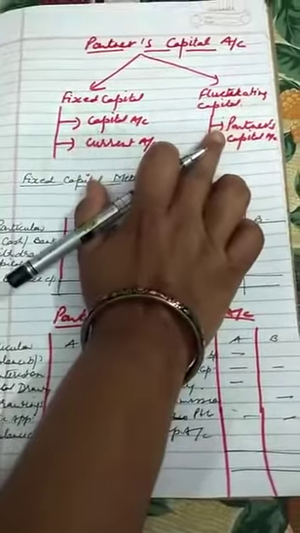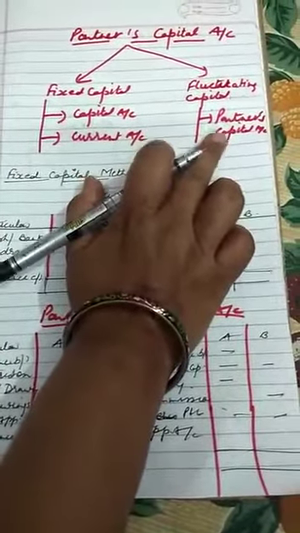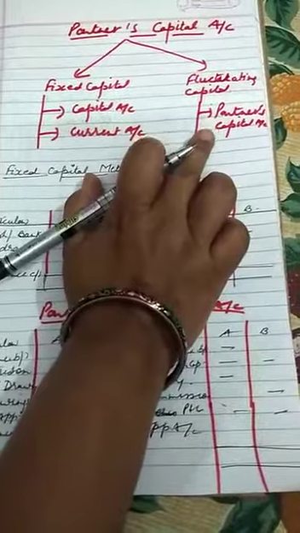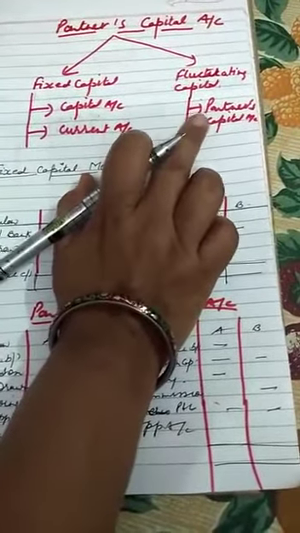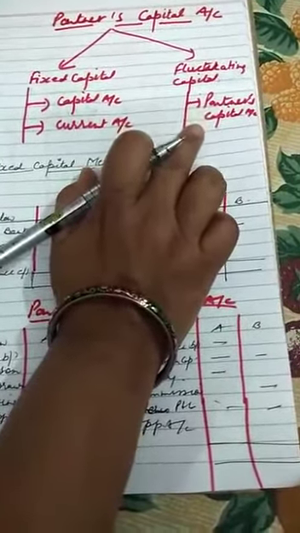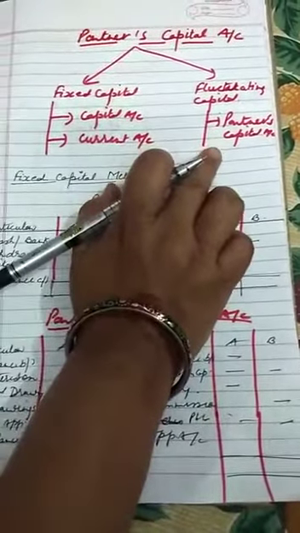Otherwise, if only capital balances are given, then we use the fluctuating capital method. Always, 90% of the time, we use the fluctuating capital method.